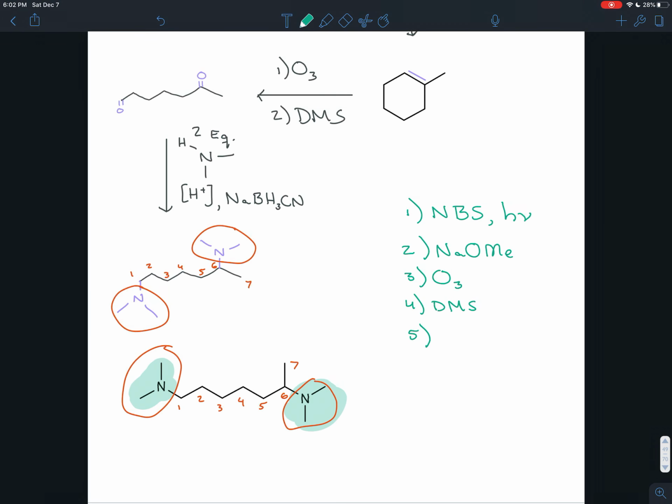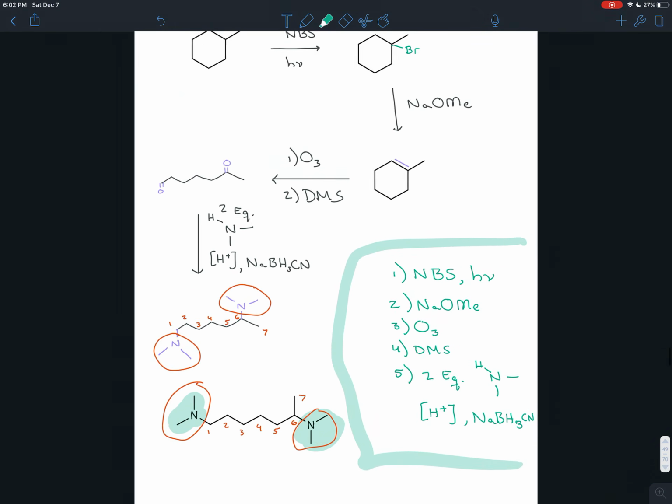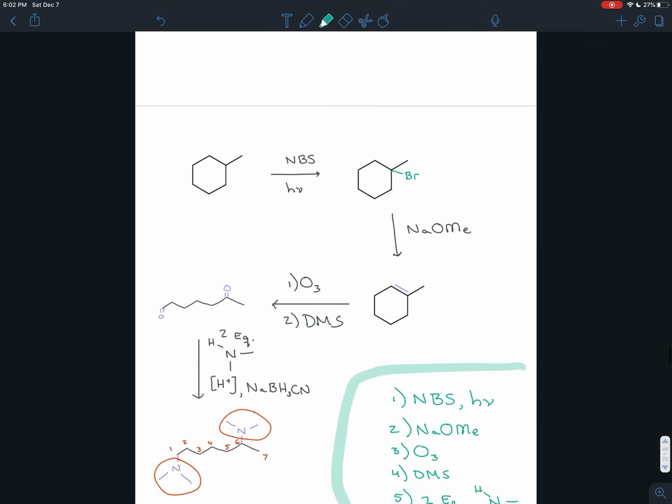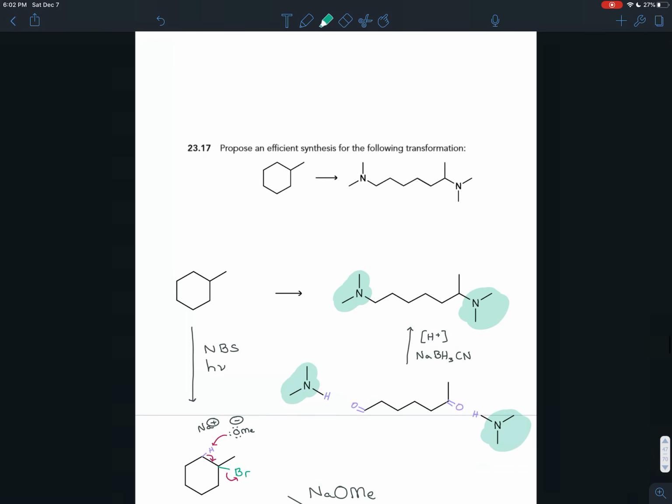And then fifth, we would do the reductive amination with 2 equivalents of dimethylamine in the presence of an acid catalyst and a weak reducing agent like sodium cyanoborohydride, NaBH3CN. And that beautiful artistic process would allow us to create this transformation.